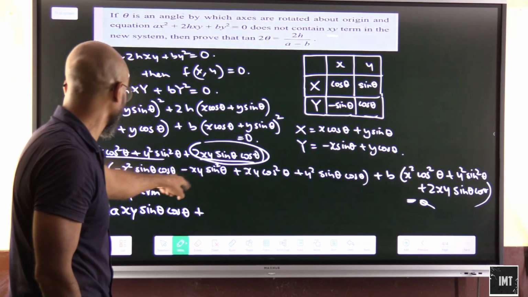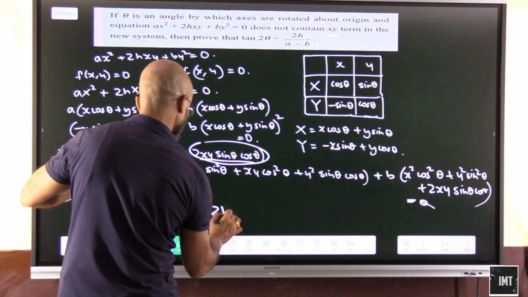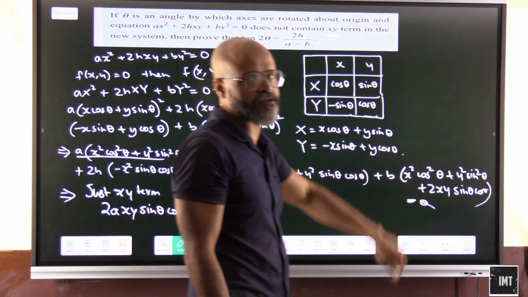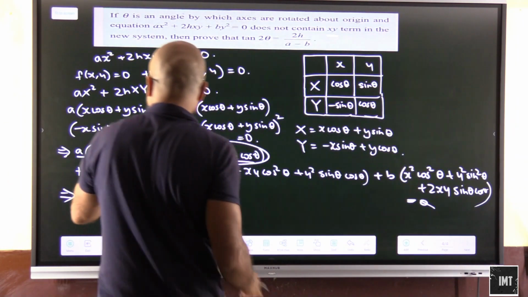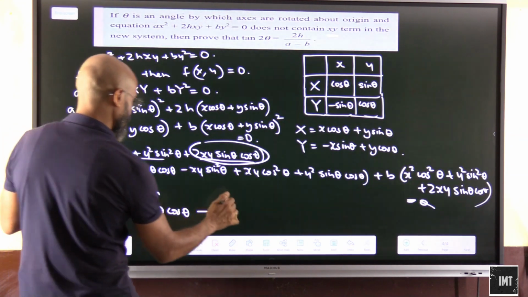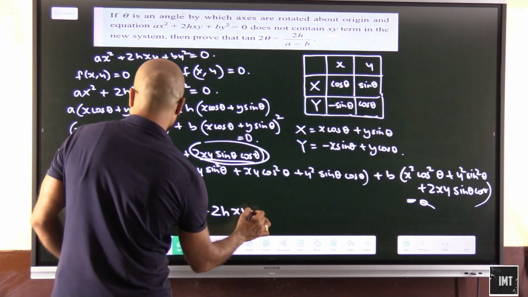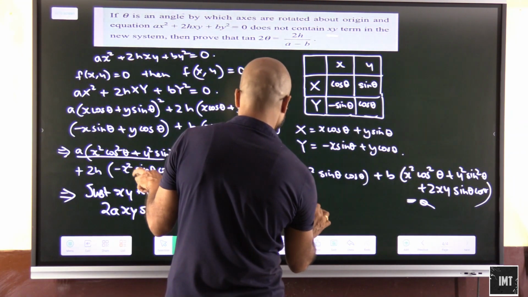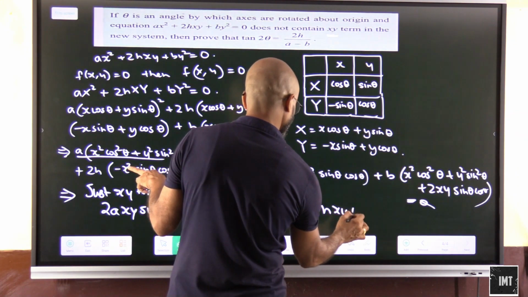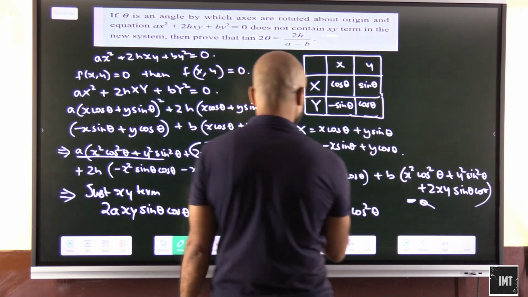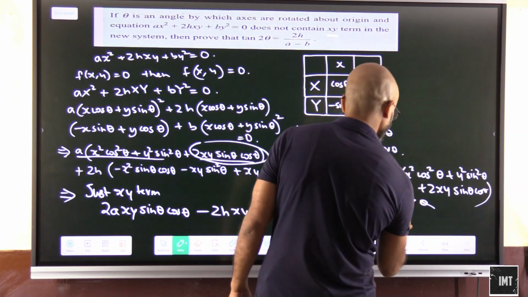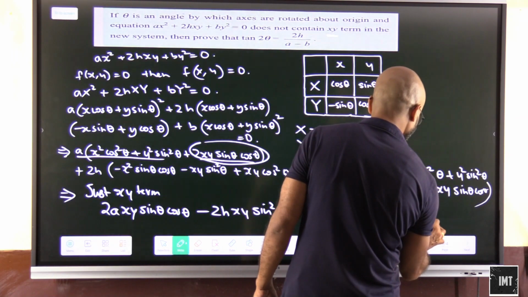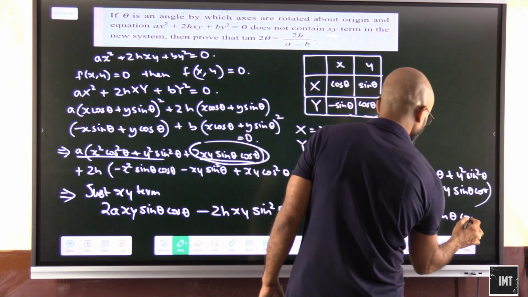From 2h, this one, minus 2h xy sin square theta, plus 2h xy cos square theta. Instead of expanding the entire thing, we can just straight away put the xy term to be 0. Plus we have here b, that will be 2b xy sin theta cos theta.